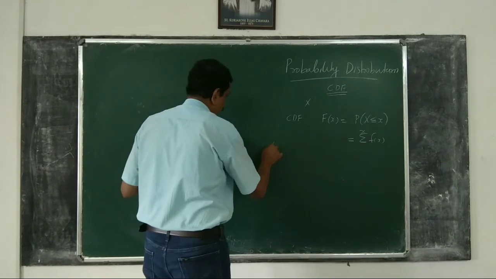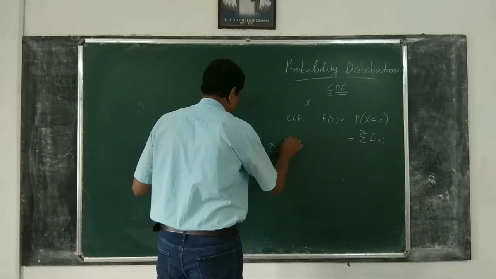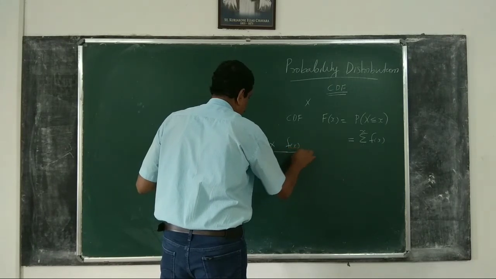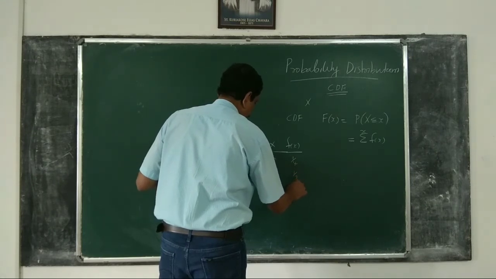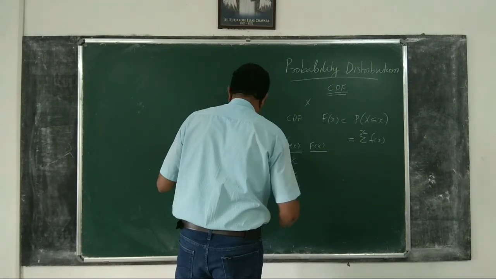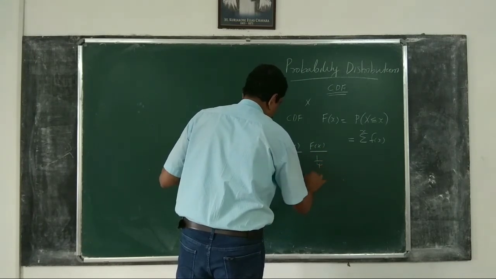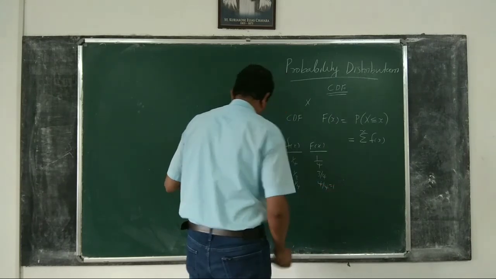For convenience, let X take the values 0, 1 and 2. Suppose that f(x) is 1 by 4, 1 by 2, 1 by 4. Then F(x) is nothing but 1 by 4, then 1 by 4 plus 1 by 2, 3 by 4, then 4 by 4 is equal to 1.